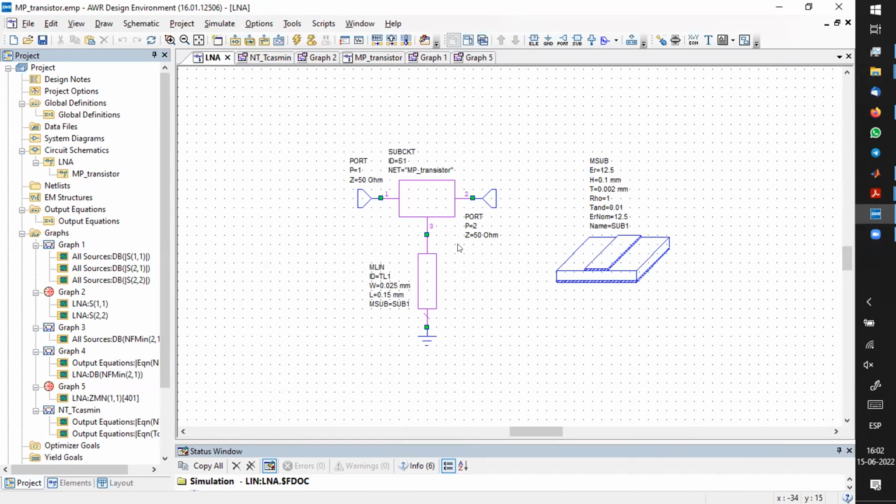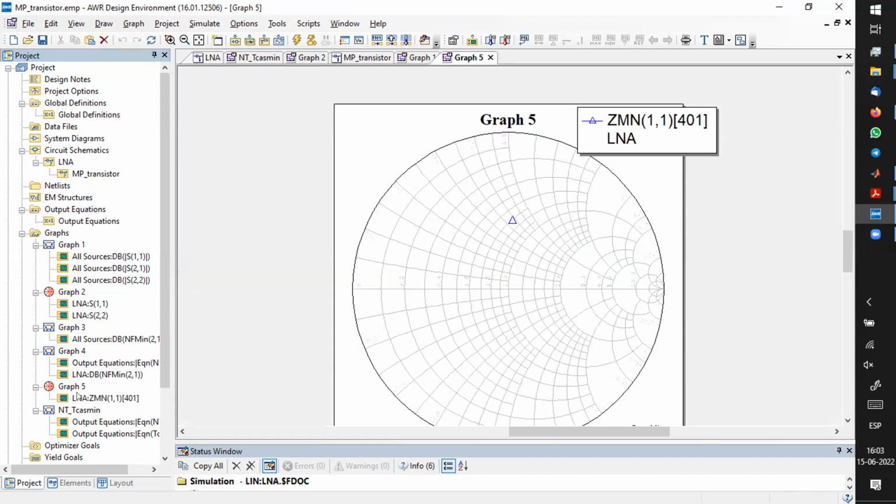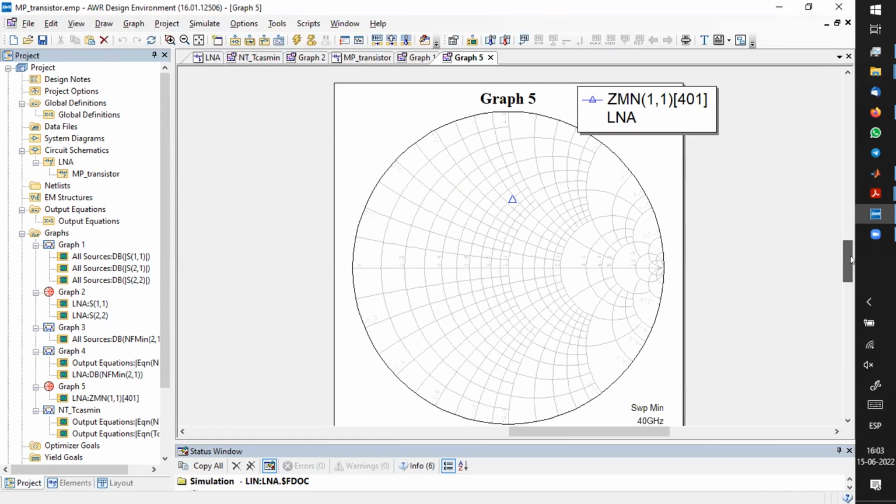Maybe I will even push it to 45 gigahertz because usually it starts to roll off if you design it exactly to 40 gigahertz. And then after I have finished the initial design, I sort of start tuning the network by hand. And let's see if this is a correct way of doing it. So now I would design an input matching network to get close to that point.